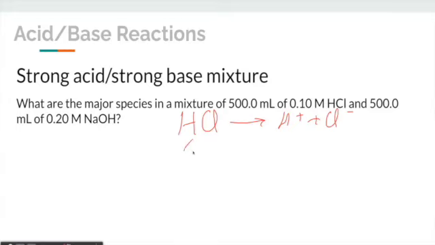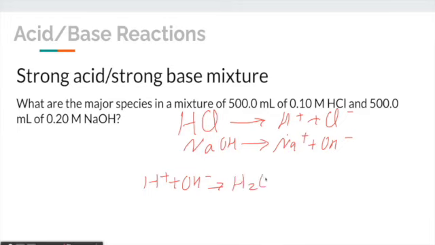And the NaOH is going to completely ionize, and that's going to give you Na plus ions and OH minus ions. So in the end, you have HCl producing H pluses, NaOH producing OH minus, and your net ionic reaction is just H plus plus OH minus, producing, without reversing, water.